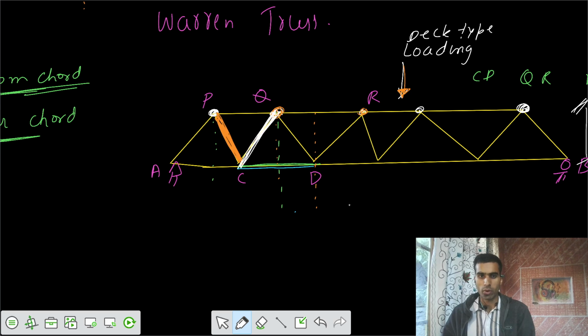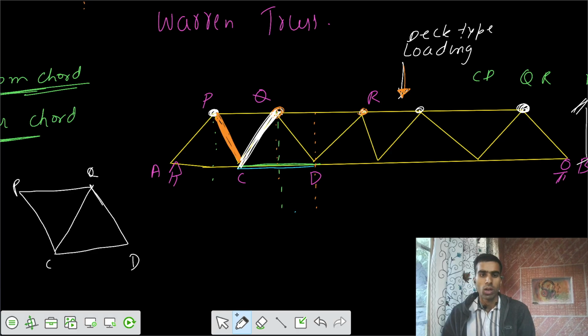I would say this is the member QC, and take it out and see which triangles we have with the member QC. One of the triangles is QCD, and one more triangle we have is PQC. So how many triangles are connected with this member QC? I would say two triangles.